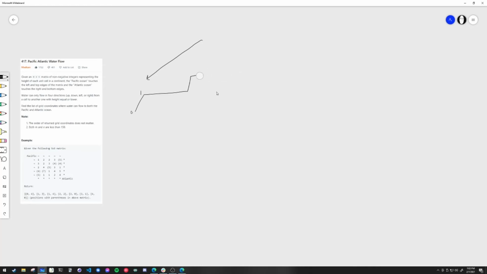So right here, this is 2, right? So the water would flow down here, and then it would just stagnate right here because it's flat, and then it would roll down again. So basically, if there's 2 heights that are exactly the same, then water is still going to flow down as if it were downhill to an extent. Okay, cool. So that's something important to understand.